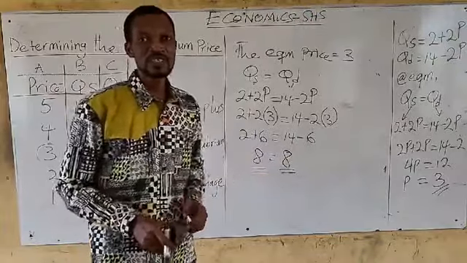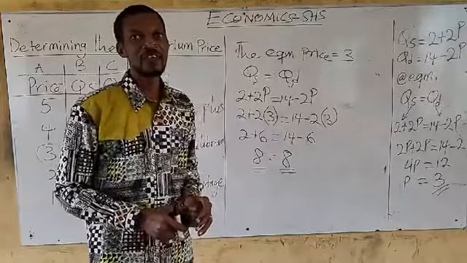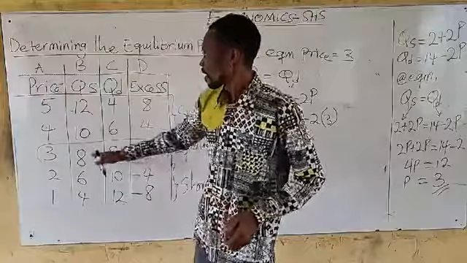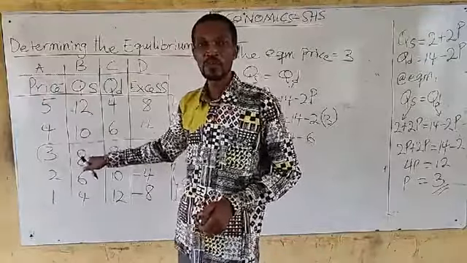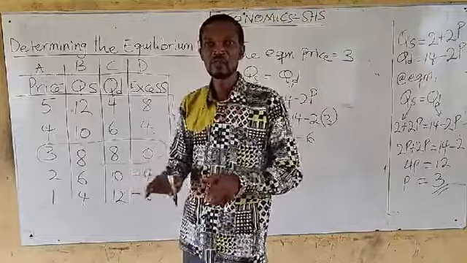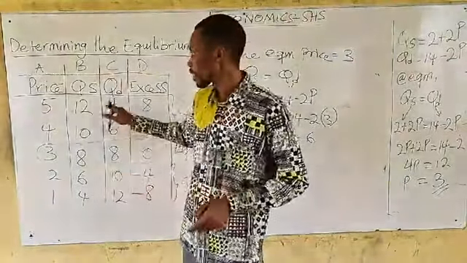On this note, the lesson is ended and I'm very hopeful that you have been able to establish the fact that price above the equilibrium price will lead to surplus, which will cause interaction between the buyer and the seller to bring the price down.